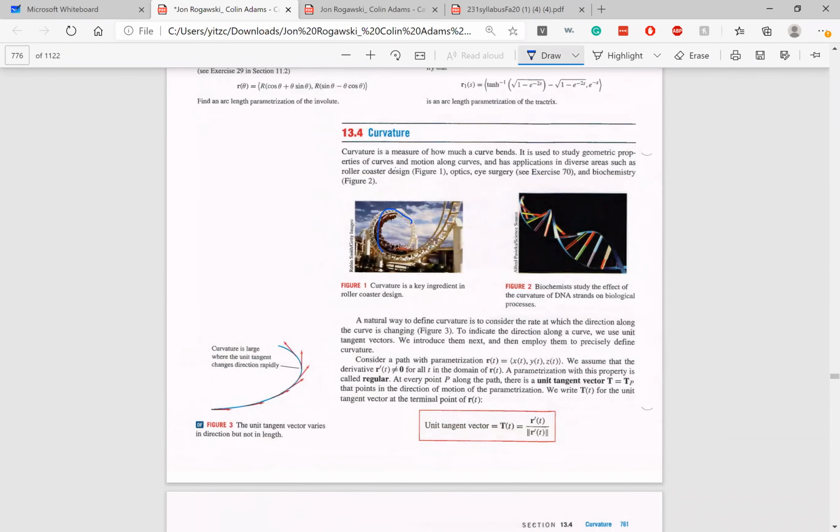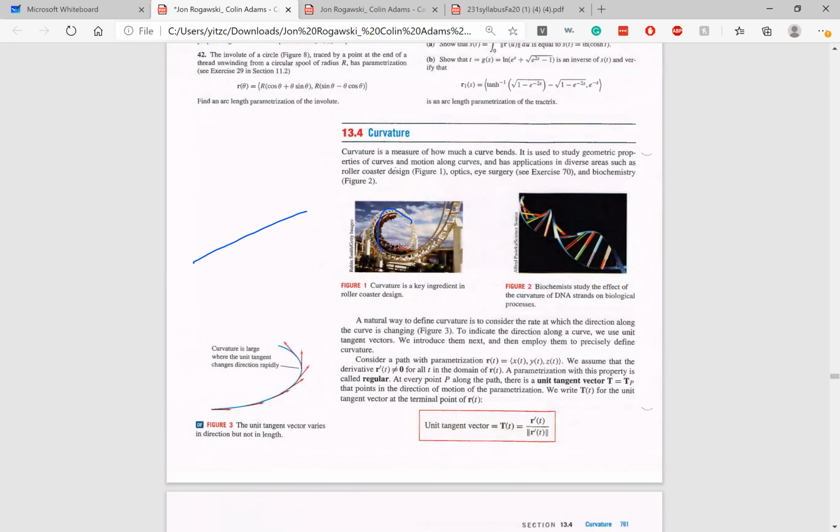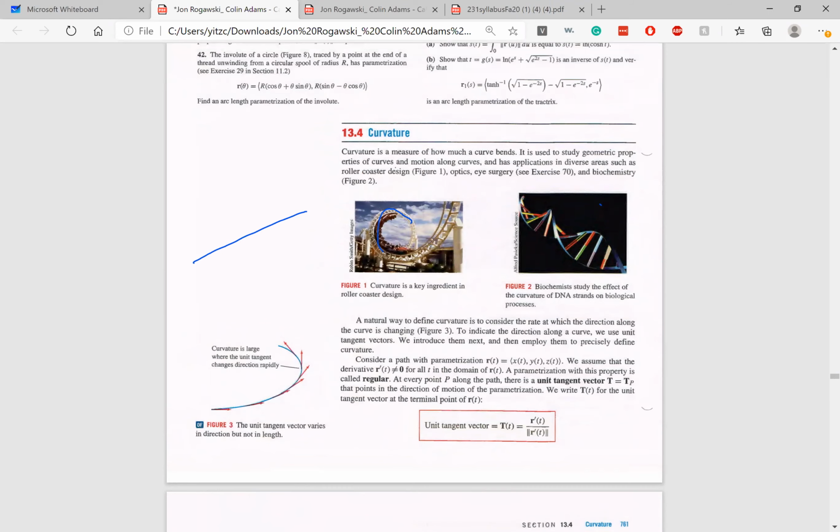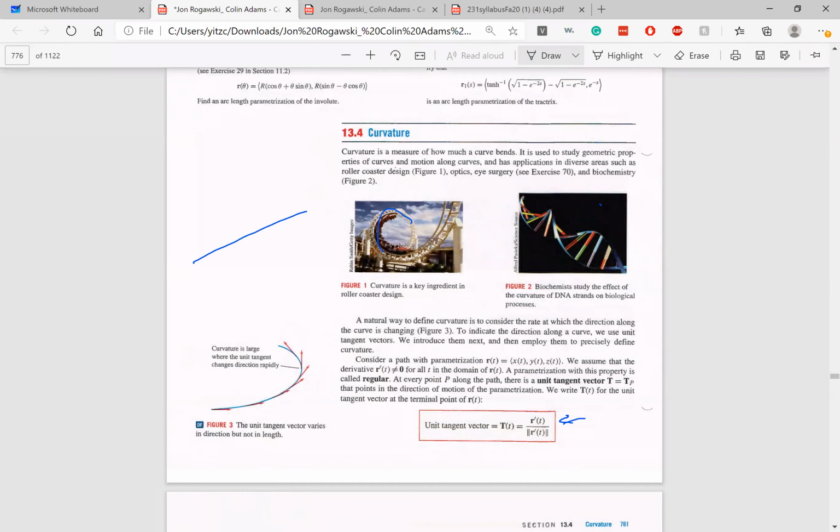And this has some curvature. Again, it's curving. Lines don't really have curvature. And we would like to be able to find a formula to calculate the curvature of some curve. That's the point. And so we first start by just mentioning what the unit tangent vector is. It's the tangent vector over the magnitude of the tangent vector.